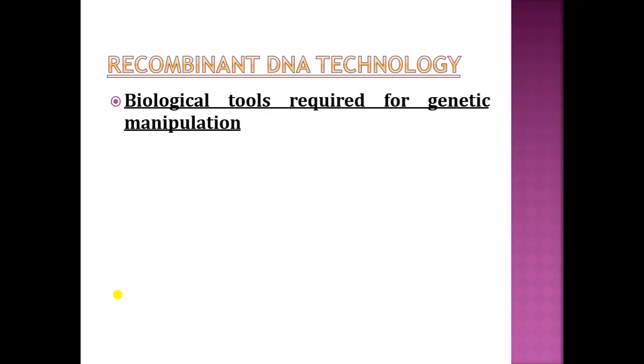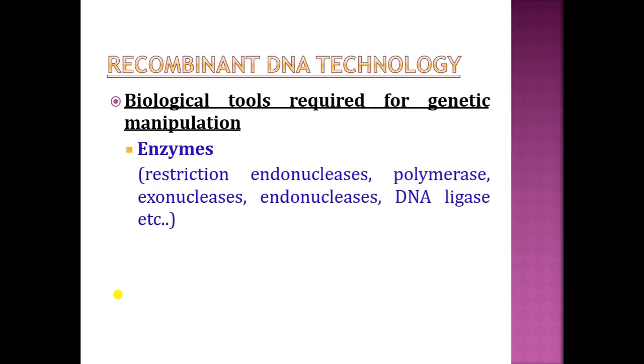So for this process, as I told you, in this part what we are going to learn is what the tools are that are required for this genetic manipulation or genetic amplification. That is enzymes. That includes restriction endonuclease enzyme, very important, polymerases, exonucleases, endonucleases, DNA ligases, and so on.